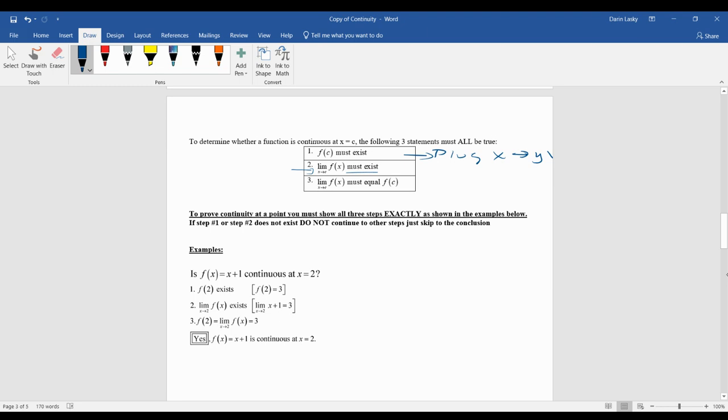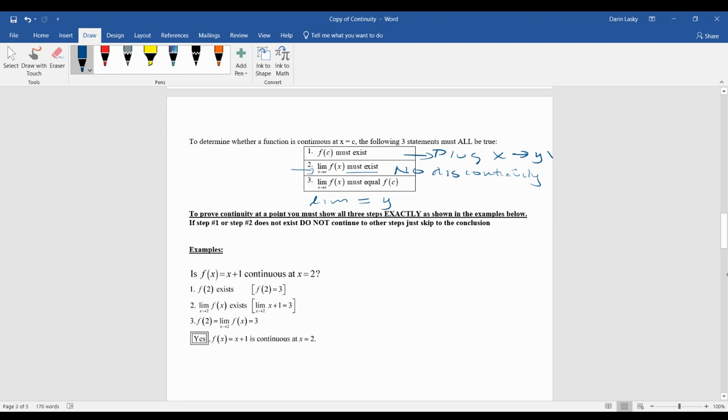So we can't have discontinuity. So first we plug it in. Second, we see if the limit is there. And third, if the limit equals the y value, then it's continuous.